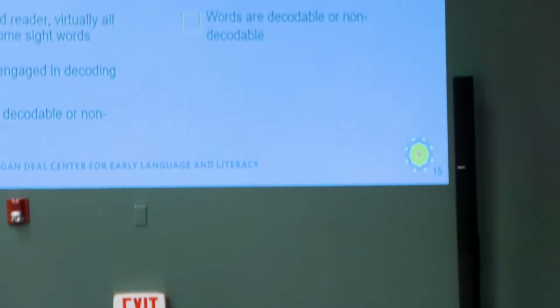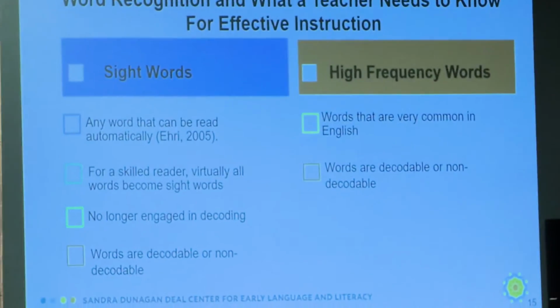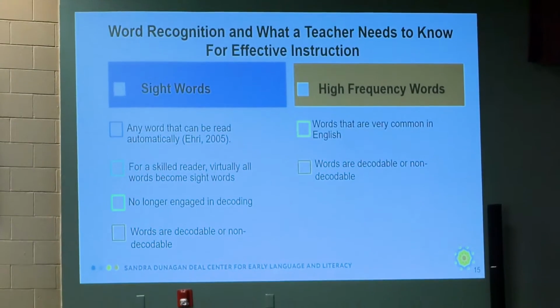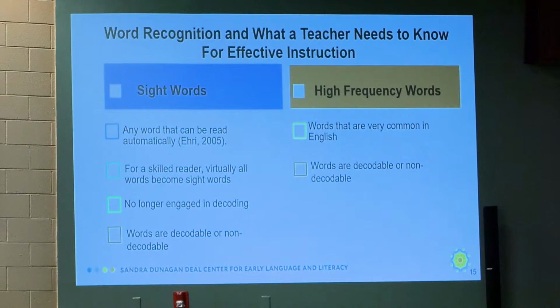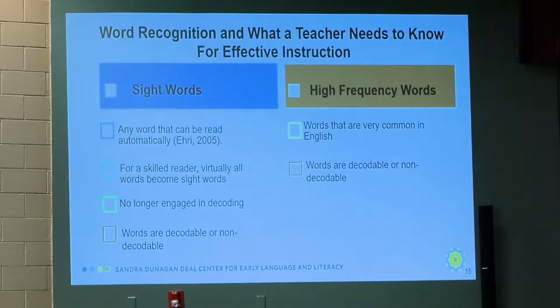So let's look at some defining factors of what a sight word is and what a high-frequency word is. We discussed this also. A sight word is any word that can be read automatically. As skilled readers, we have a bank of words that we can read automatically.